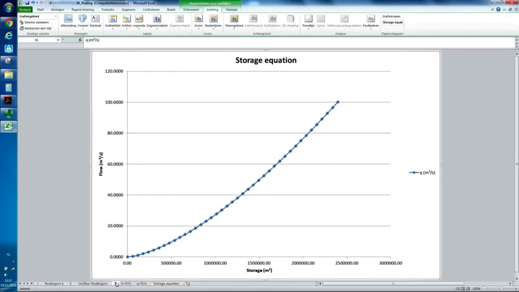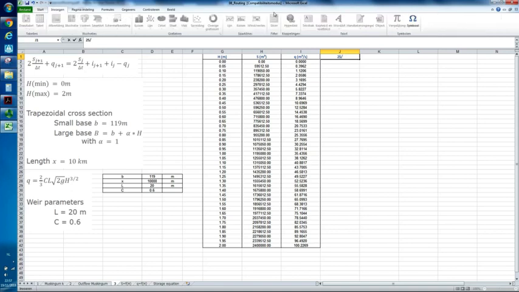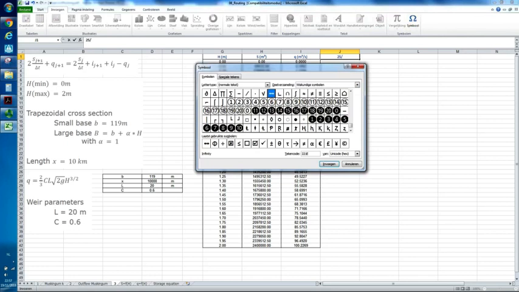So actually, we will sum up these to get this value. So we say, okay, in this case, let's call this 2S over delta T. Let's insert this symbol like this.